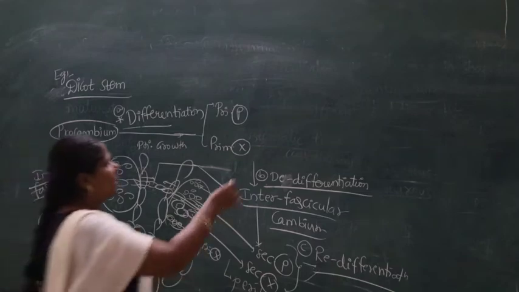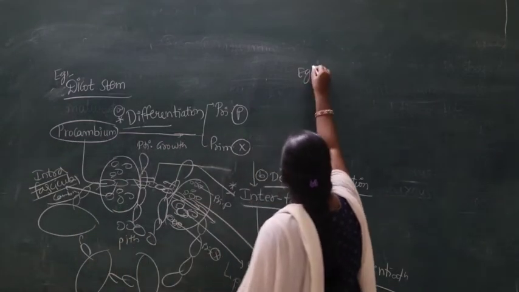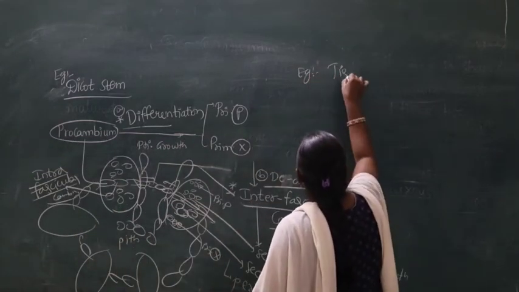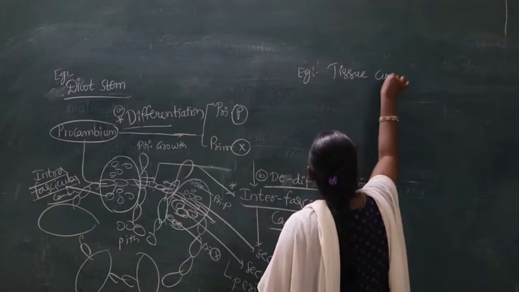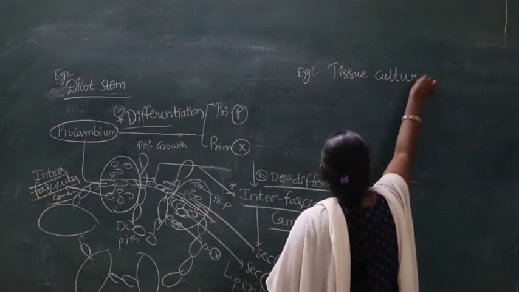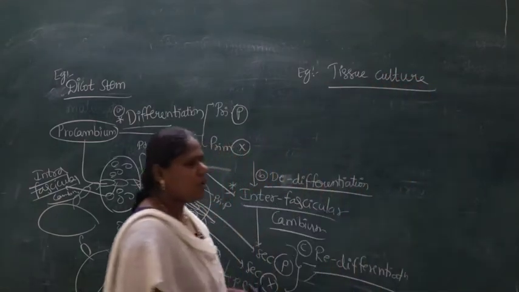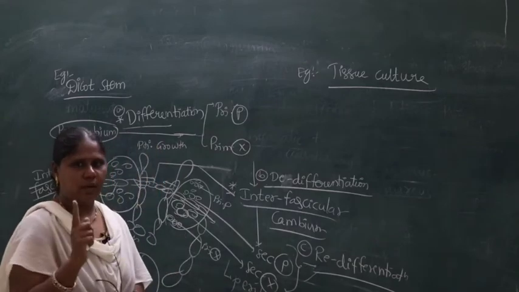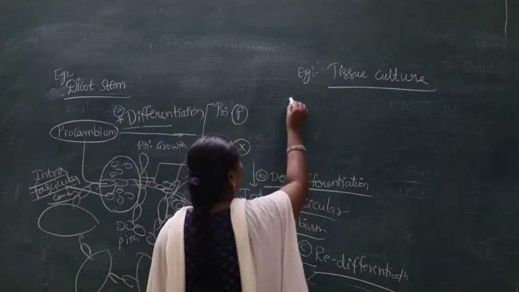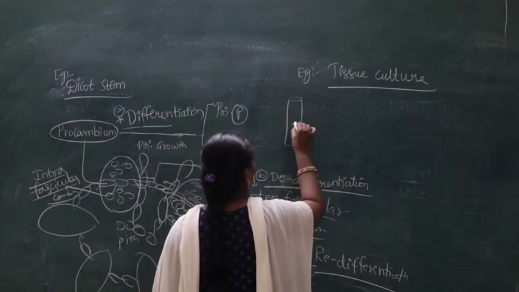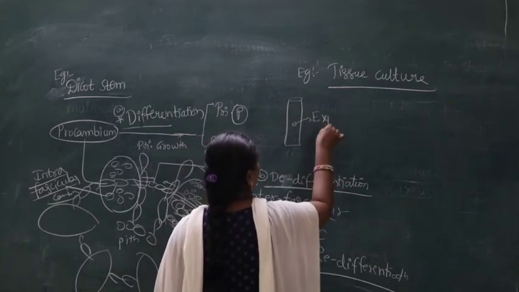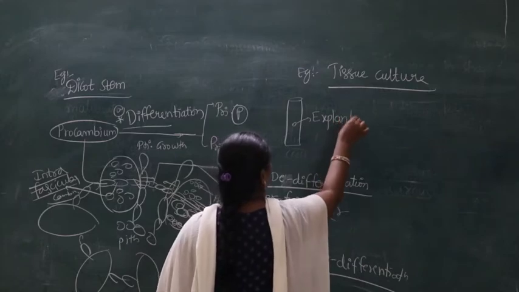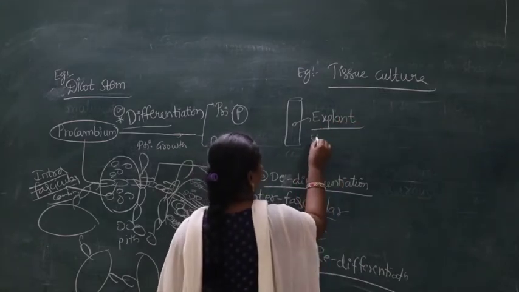Another example I will give you is tissue culture. What happens in tissue culture? The first one cell that I take in the test tube in tissue culture is one cell. What do I call that? Explant. Okay, or I call it stem cell.